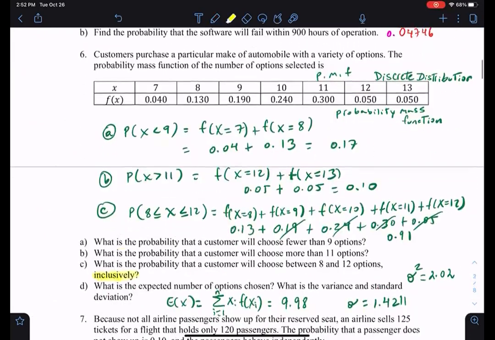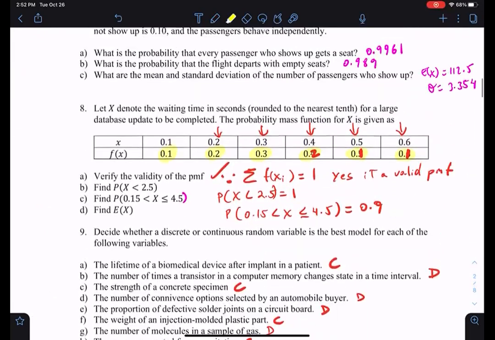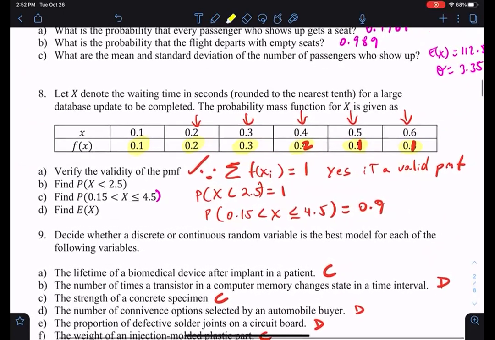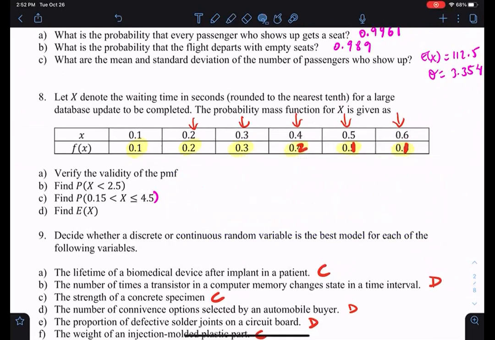Let's go to the next question, 7, 8. This question is not difficult at all. Okay, I made a typo. I already fixed these probabilities. Actually, I didn't fix those probabilities, so let me fix it really quick.